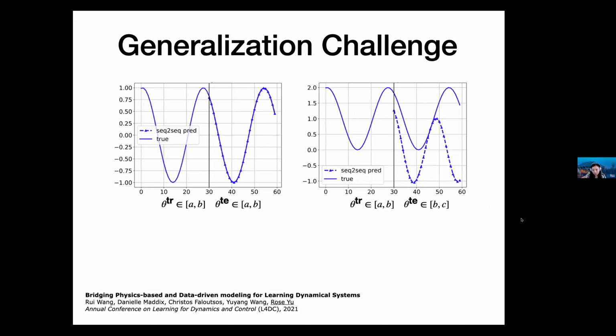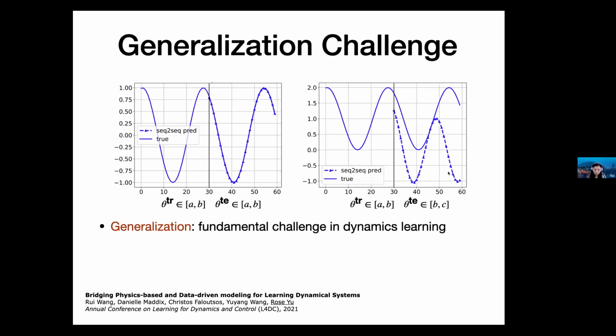So this interesting phenomenon points to the fundamental challenge in learning dynamics, which is generalization. So usually in the context of machine learning, when people talk about generalization, they're only talking about the distribution of the values of the data. And here, when you look at the sine curve, the range of the values are quite similar.